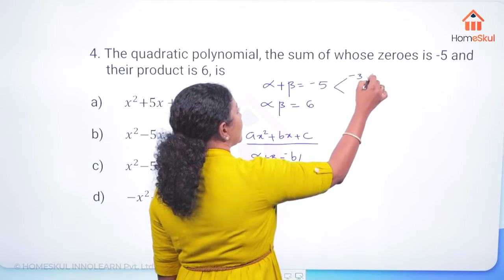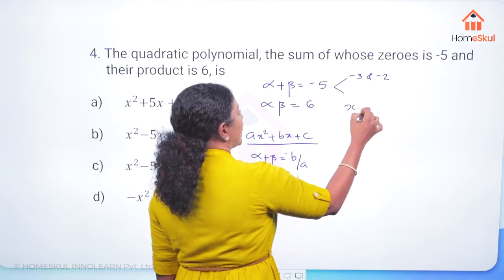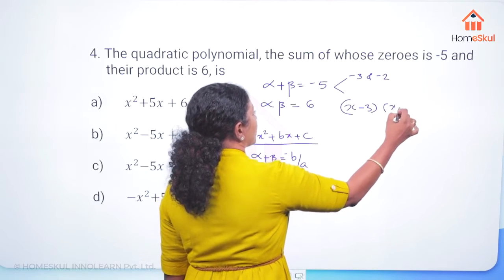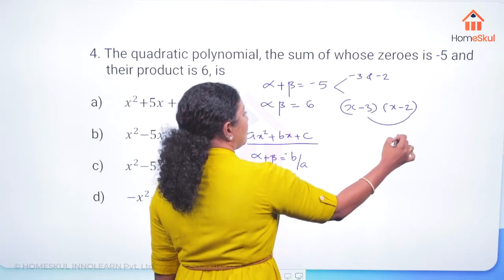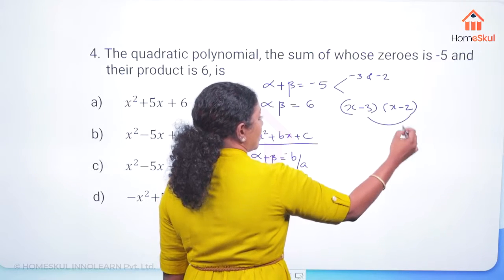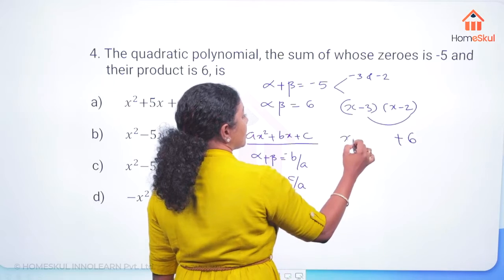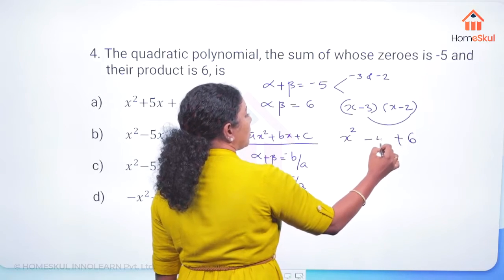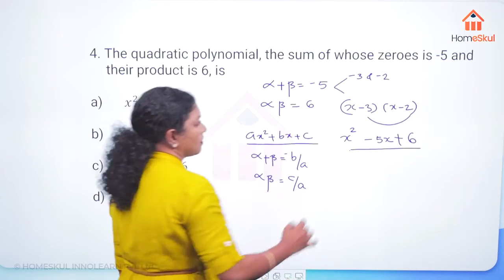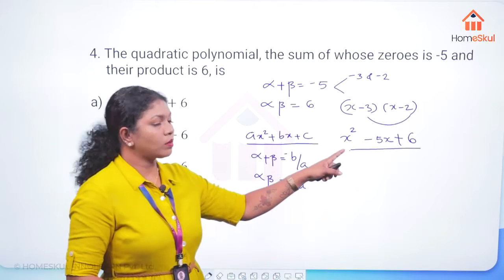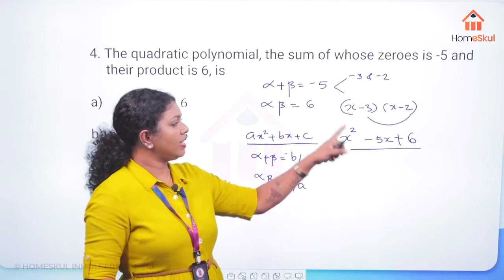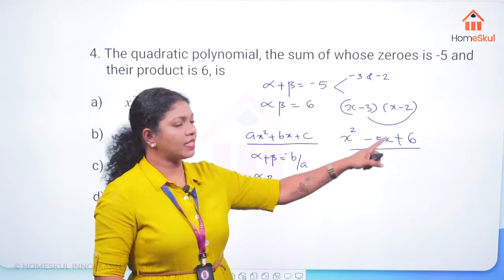Minus 3 and minus 2. So you will write it as x minus 3 into x minus 2. The product will be positive 6, the first term will be x square and the middle term will be minus 5x. So that means x square minus 5x plus 6.